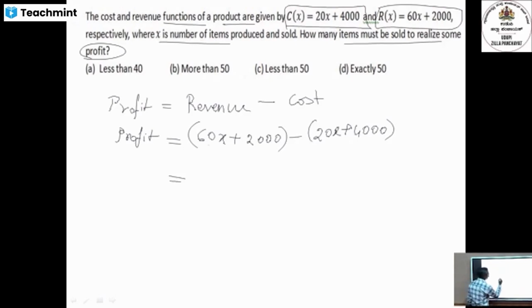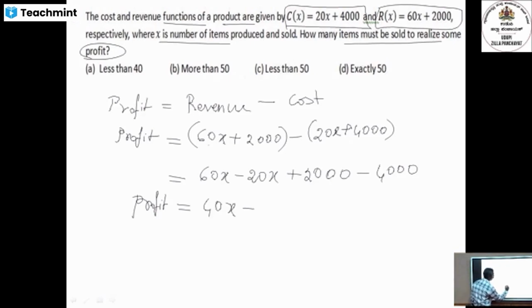So 60x minus 20x plus 2000 minus 4000. So profit is equal to 40x minus 2000.